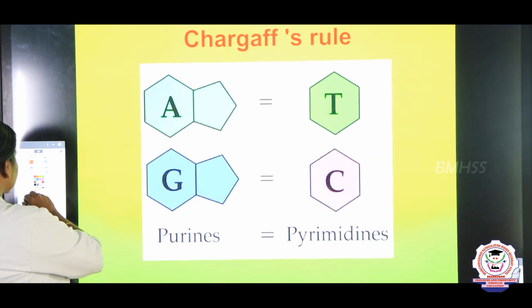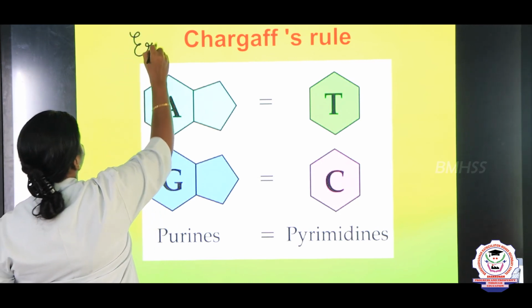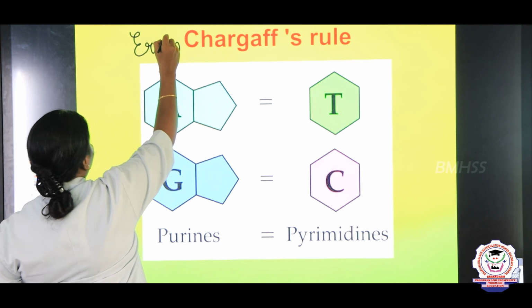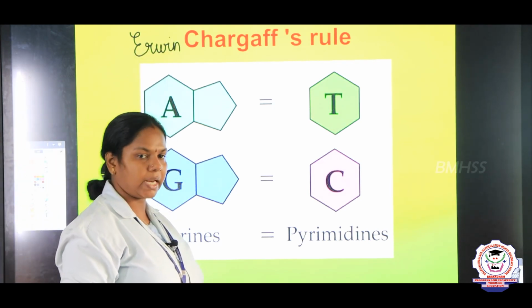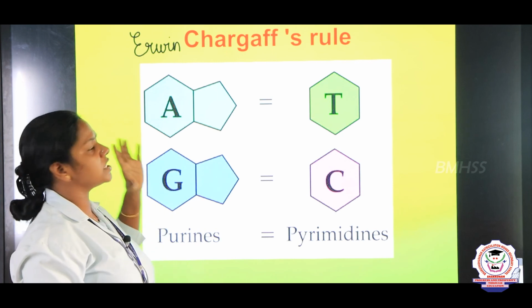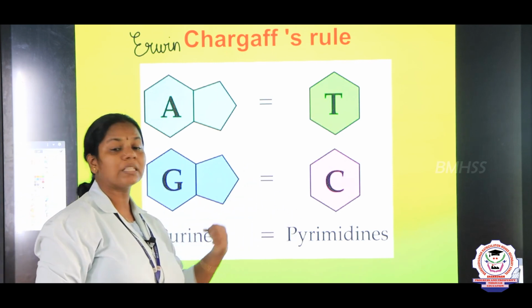And now we are going to see Erwin Chargaff's rule, right? What was the name of the person, children? Erwin Chargaff. And who proposed the double helix model of DNA? Watson and Crick, right? And later on, Erwin Chargaff proposed a rule that the purines always pair with pyrimidines.